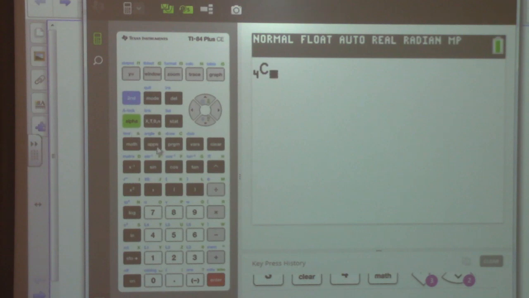Good. The next thing I want you to do is make a bracket. To make a bracket, you press second, parentheses, like this. Then you put 0, comma, 1, comma, 2, comma, 3, comma, 4, and then you close the bracket by pressing second, close.